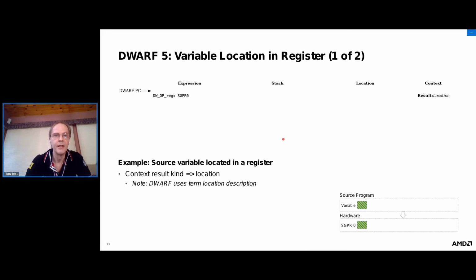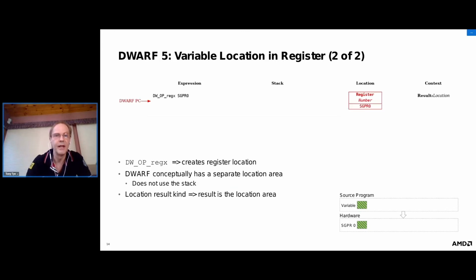If we look now at, say, the location of a variable. Suppose I've got this variable here, and on a machine, the compiler decided to put it in this scalar register. In this case, my context is that I'm evaluating in terms of a location. The DWARF spec talks about these as location descriptions, which is a bit of a mouthful, so I'm going to use the word location.